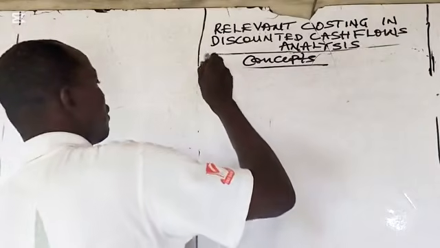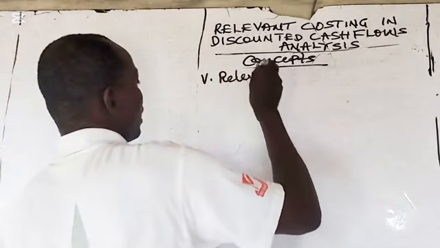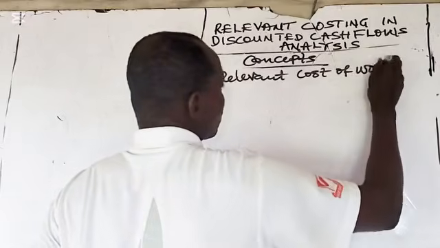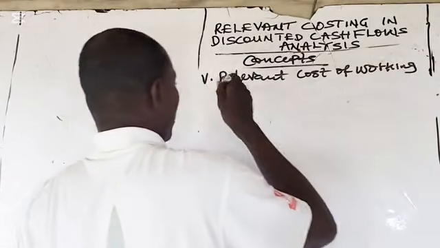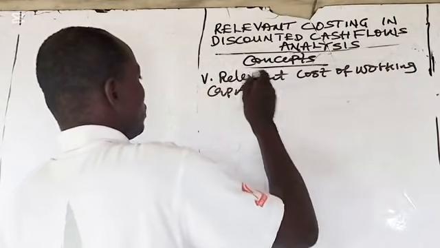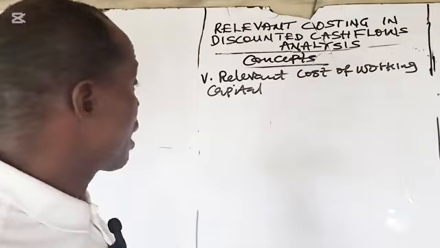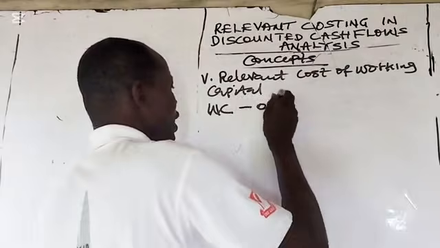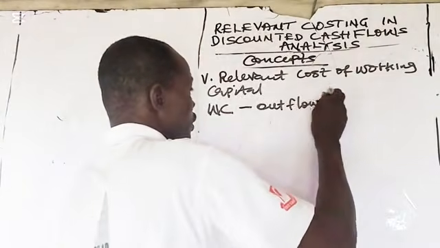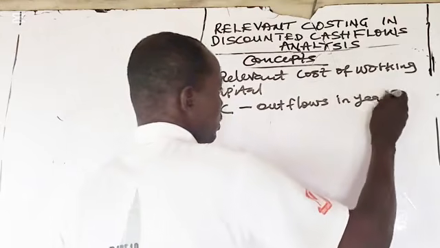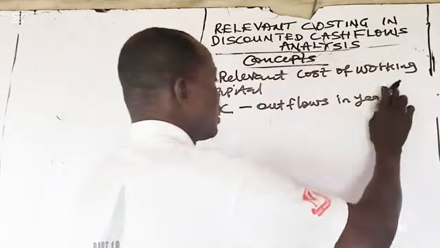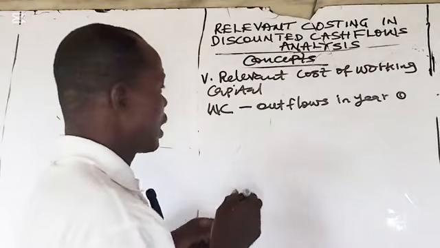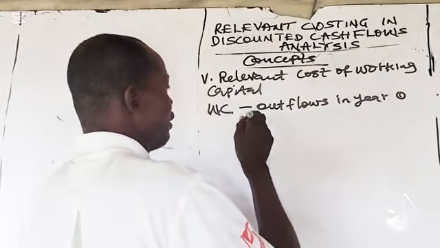Number 5, we have relevant cost of working capital. So working capital should be treated as an outflow in year 0, and be recovered in full at the end of the project life, and be treated as an inflow.